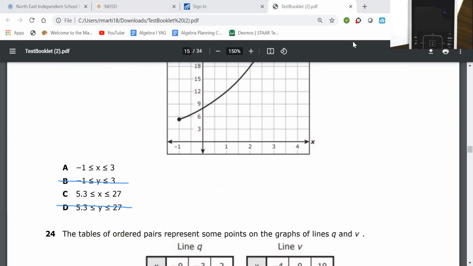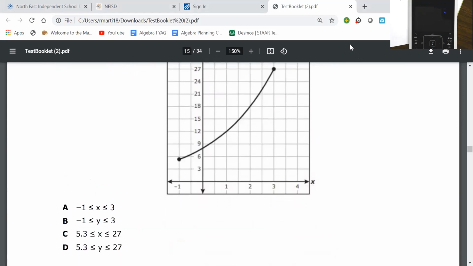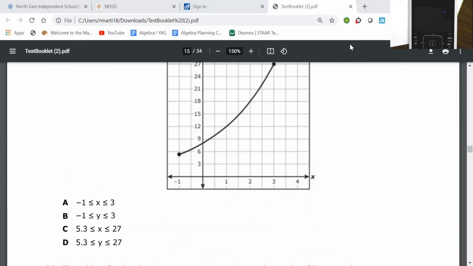So go back and look at the graph. It's got to be either A or C. And basically there's looking at the X value of these two endpoints, and it goes from -1 to +3, which would be that answer choice.